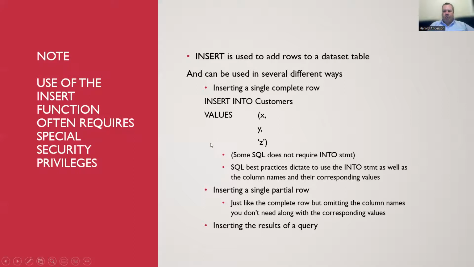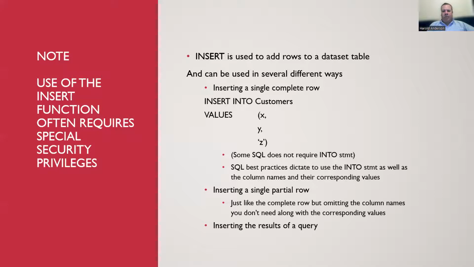It's used to add rows to a table and can be used in several different ways. The book lists three of them: inserting a single complete row, inserting a single partial row, and inserting the results of a query. And here's the syntax for inserting a single complete row.